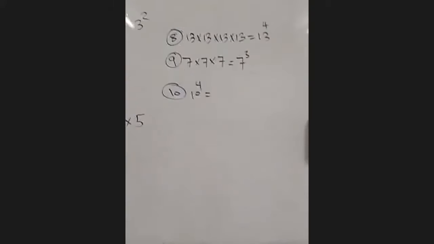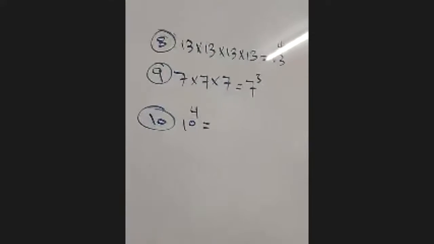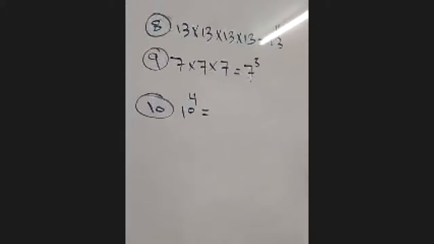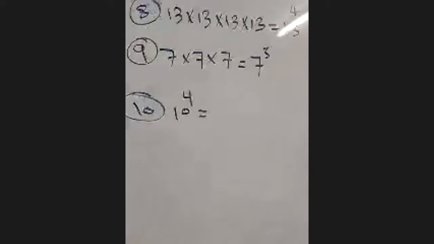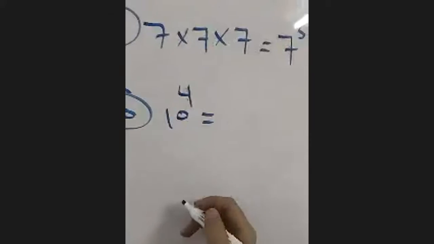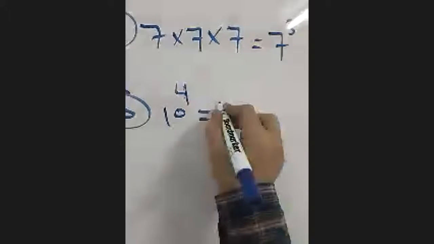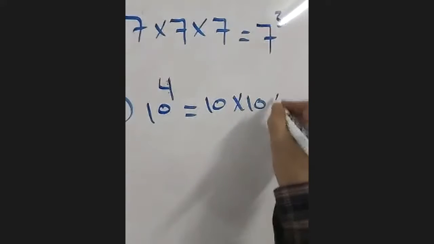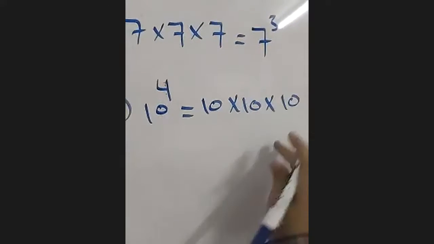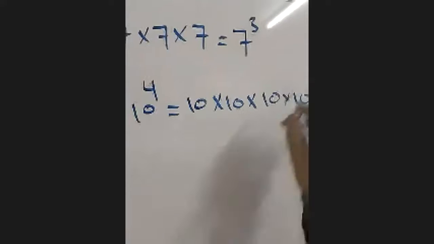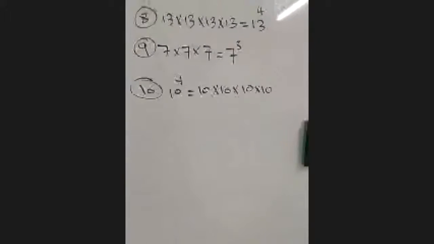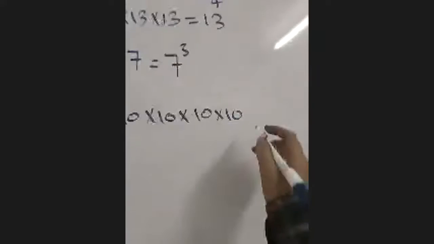Yalla Muawiyah, do question 10. What do we have? Say it. 10 multiply 10 multiply 10 multiply 10. How many times? 4 times. What's the answer?